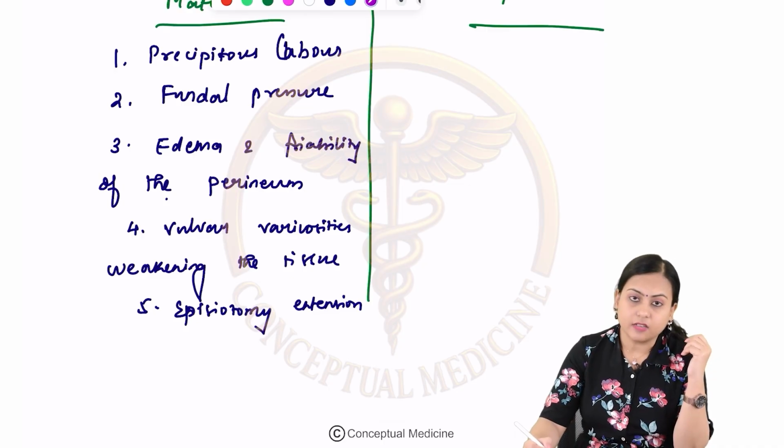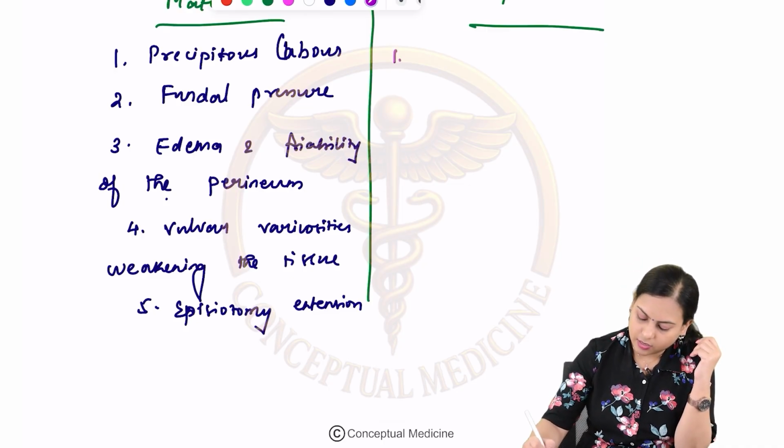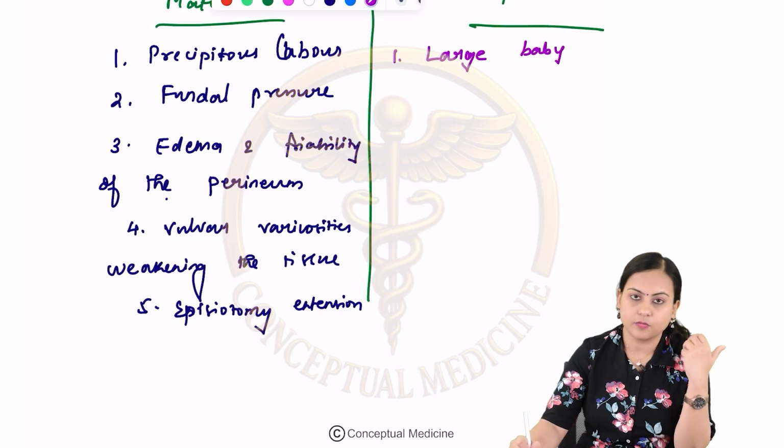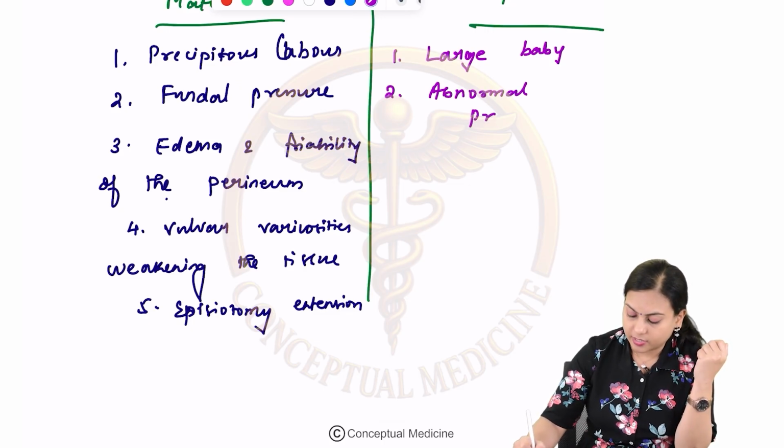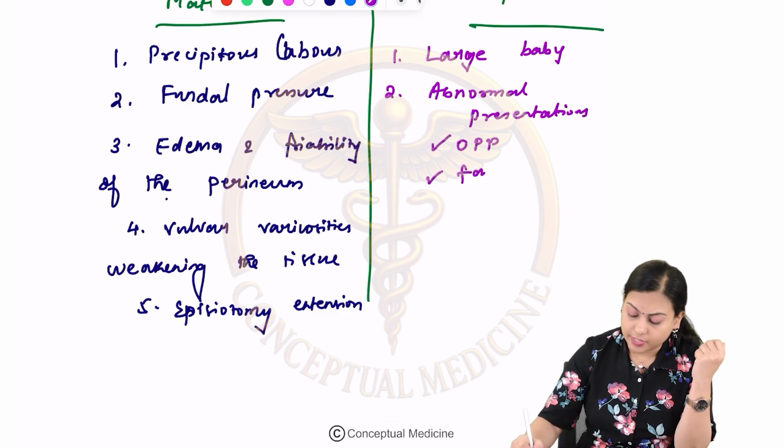Then let us see the fetal causes. We know when there is a large baby, there is more chance for perineal lacerations. Then when there are abnormal presentations like occipito-posterior position or face presentation.